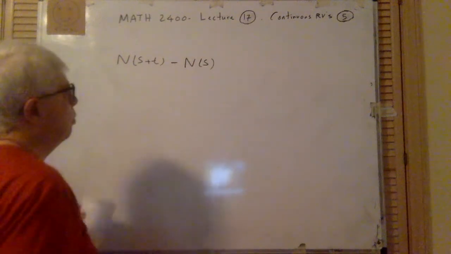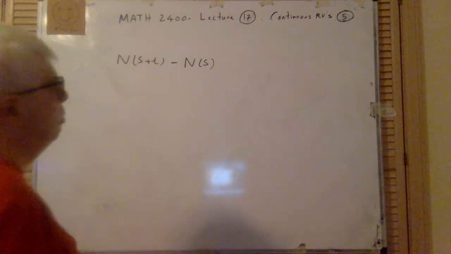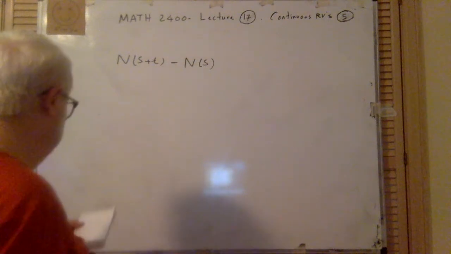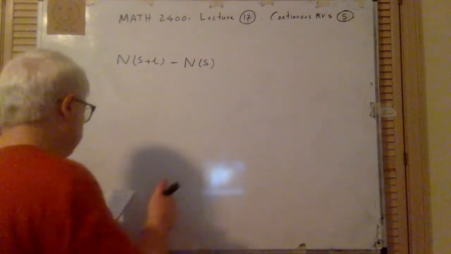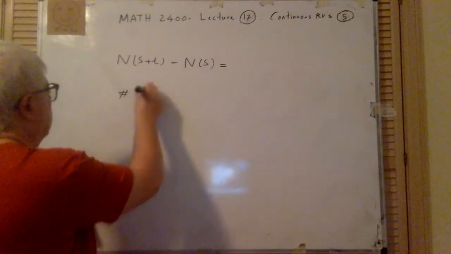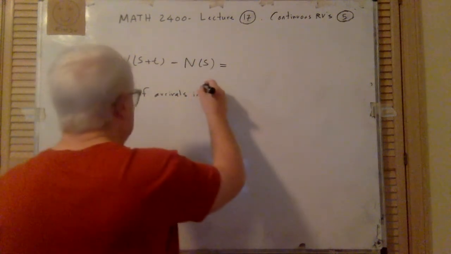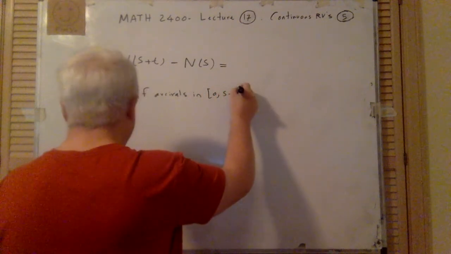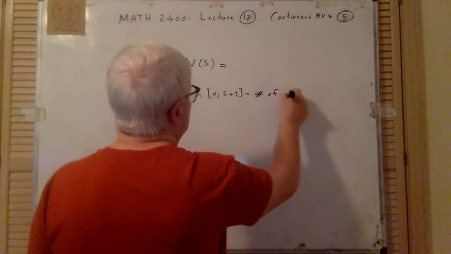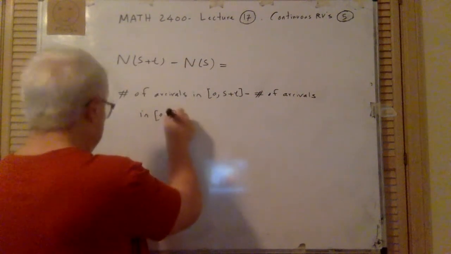That is the number of arrivals in time interval 0 to s plus t, minus the number of arrivals in 0 to s.